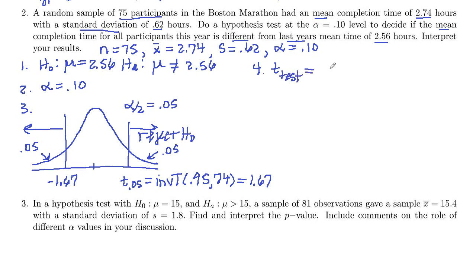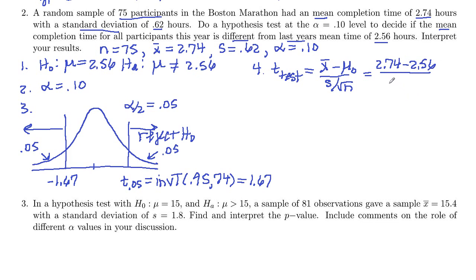is our sample mean, x bar, minus the hypothesized mean. And then we divide by the standard deviation of the sampling distribution. So that's s over square root of n. So our sample mean was 2.74 minus our hypothesized mean, last year's race, 2.56.